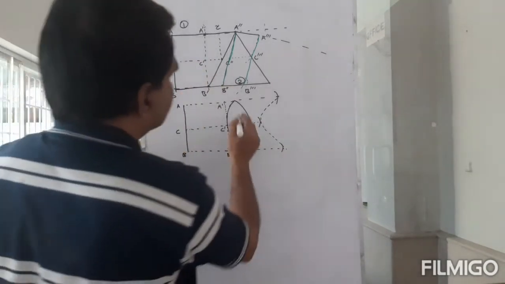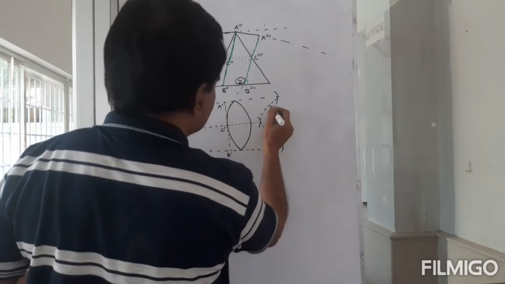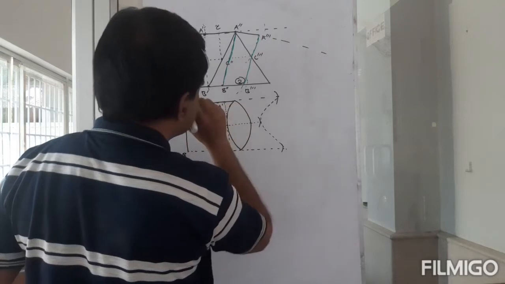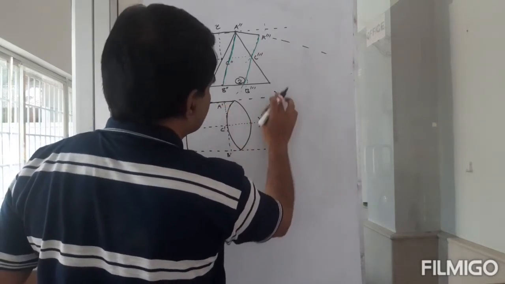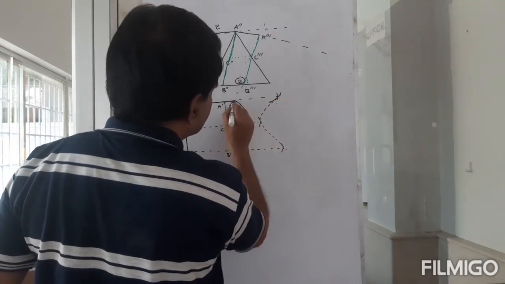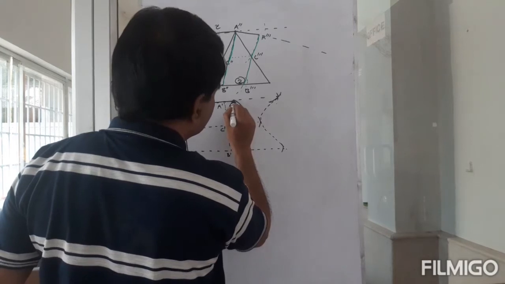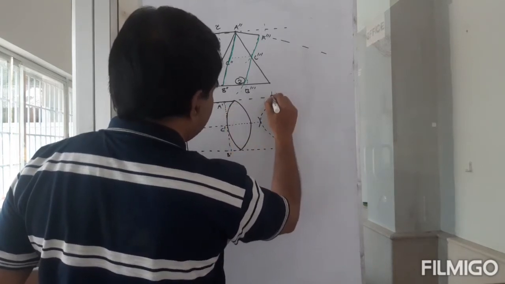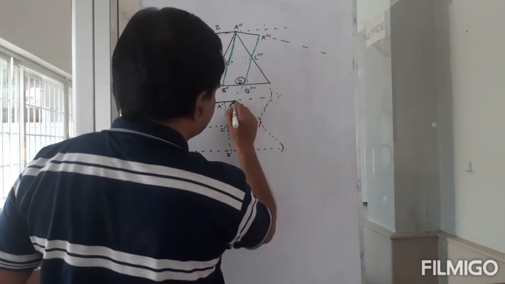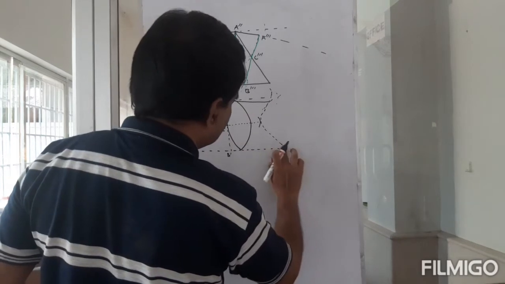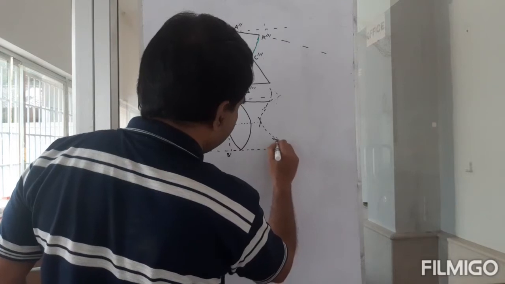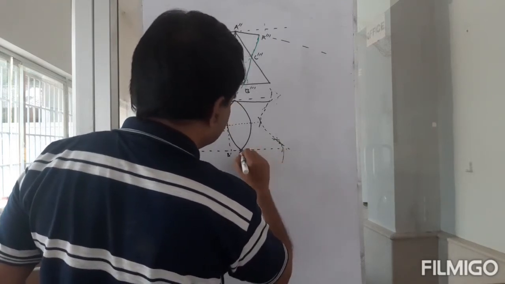like this. You notice that this point is now somewhere here. And like this, you start getting the image. Again, like this.